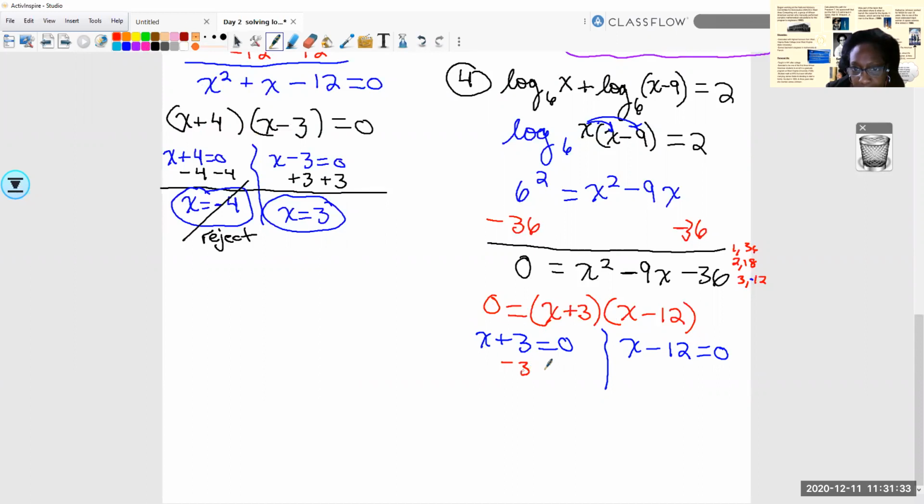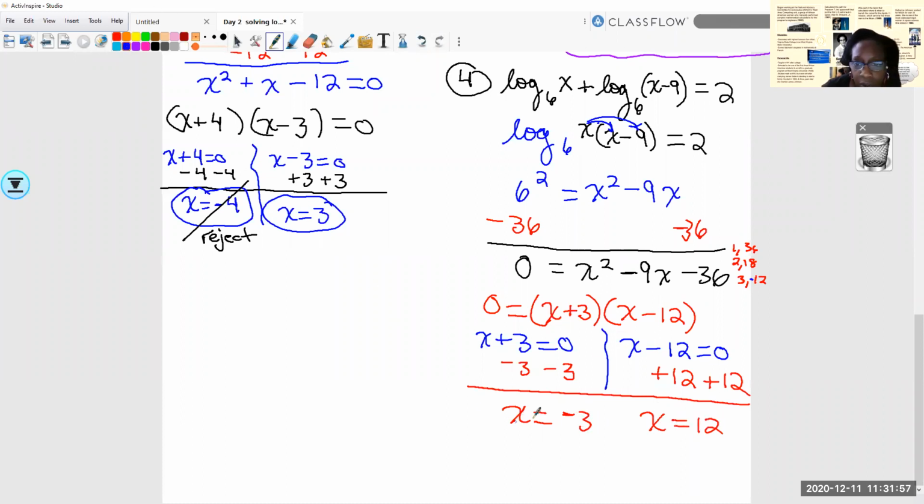Subtract 3 on both sides. If we get a negative, gotta check that. But we're just taking our time. So we have x equals -3. Oops. And x equals 12. Okay, let's go ahead and substitute.